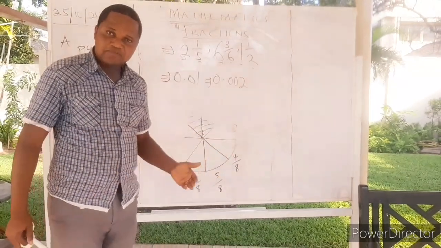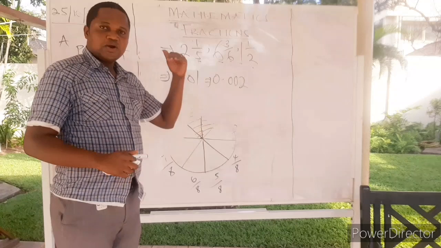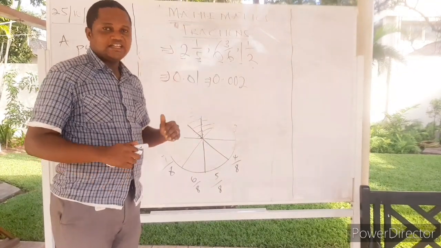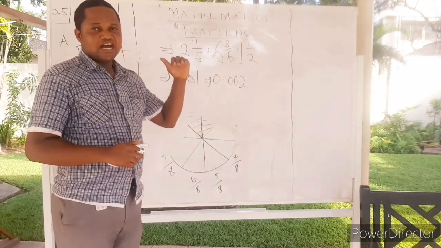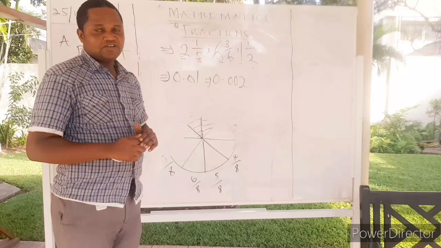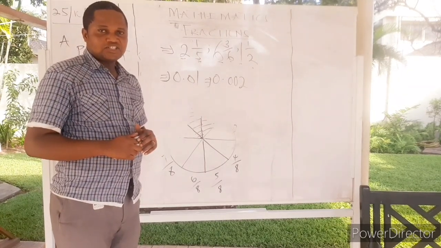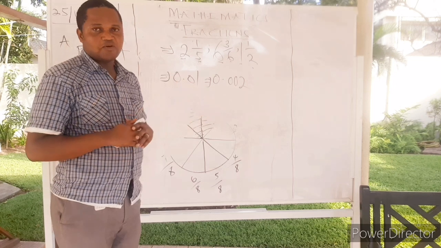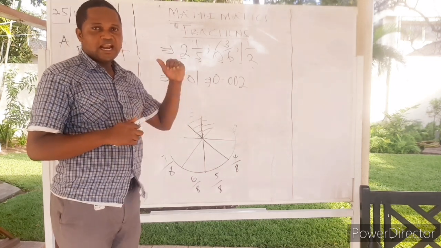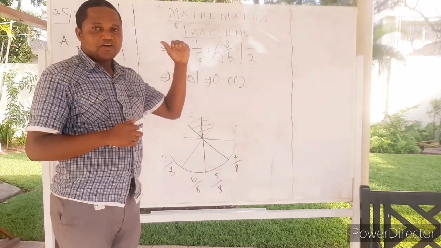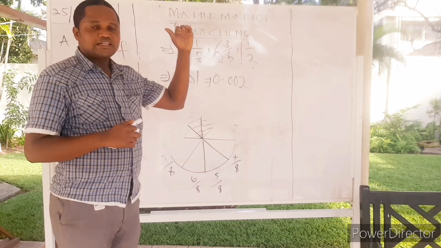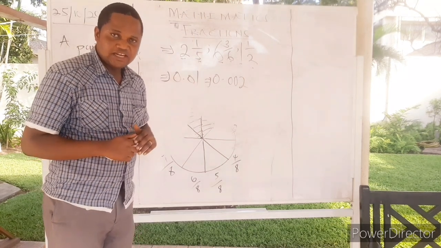We looked at proper fractions as fractions with their numerators less than the denominator. And then improper fractions, which are the opposite of proper fractions. Here we learned that they are fractions whose numerators are more than the denominators.